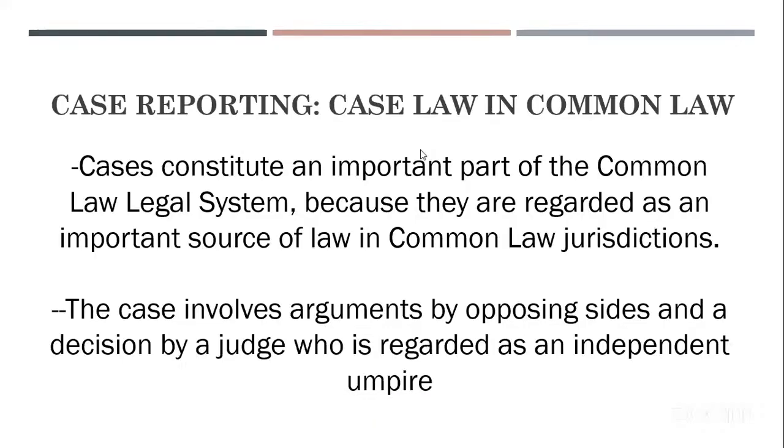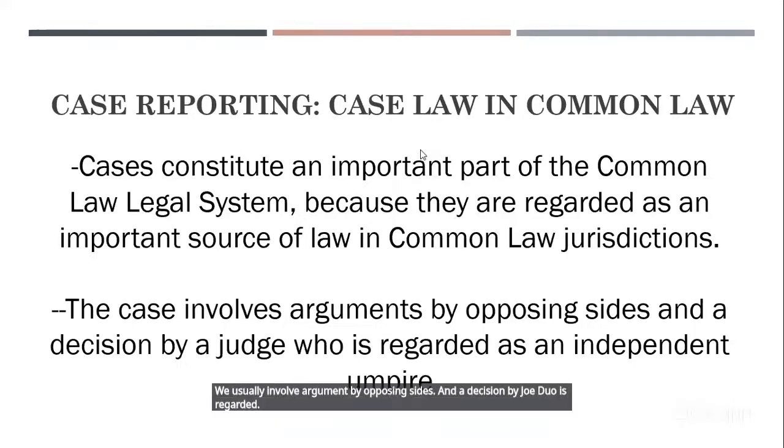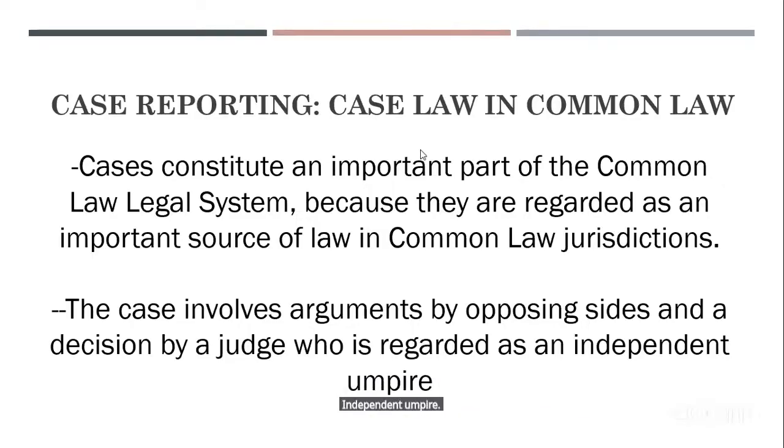And of course, like we know, cases will usually involve argument by opposing sides and a decision by a judge who is regarded as an independent umpire. Many things that are open to litigant A may not be open to litigant B, and the judge who serves as an umpire may see it.